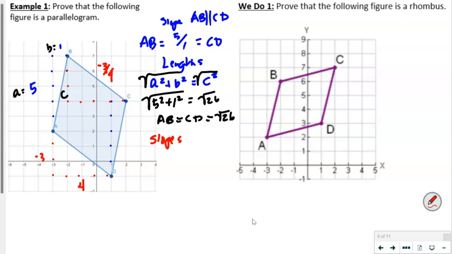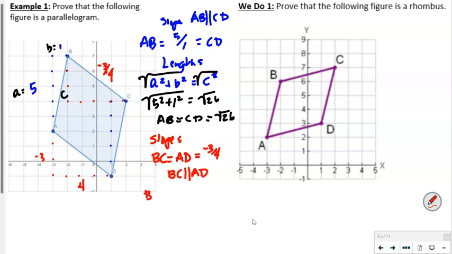Okay. So now we're talking about our slopes again of BC and AD. BC is equal to AD. Those slopes are both equal to what? Negative 3/4. So that tells us again that BC is parallel to AD. Now, because those measures are the same, negative 3 and 4, we're going to take the square root.